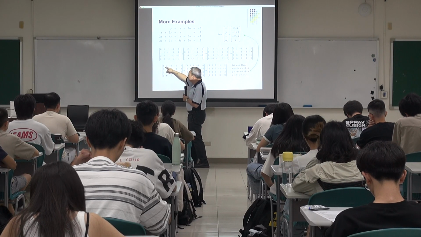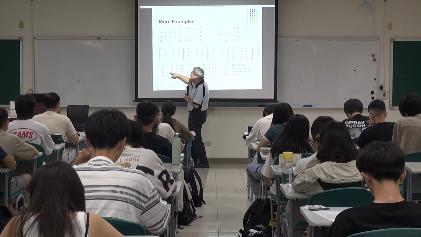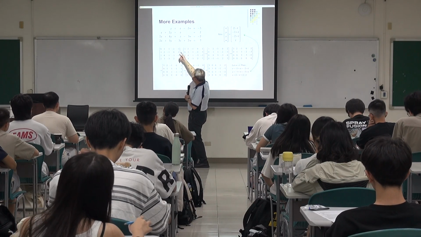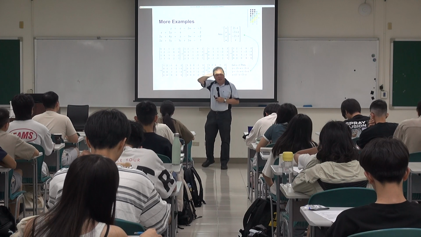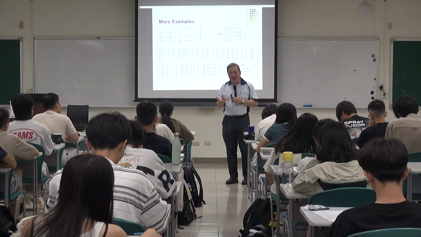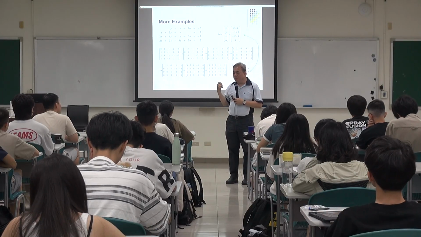And you have 3 rows that have leading 1. But you have 4 variables, right? So for a case like this, remember that tells you that you have an infinite number of solutions.